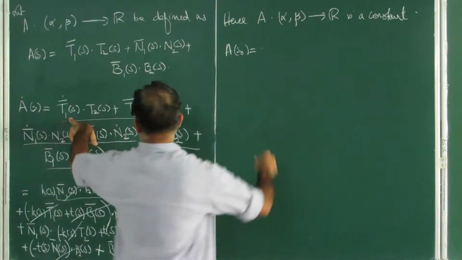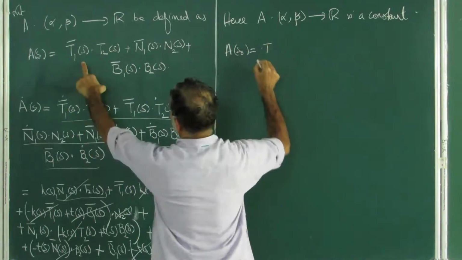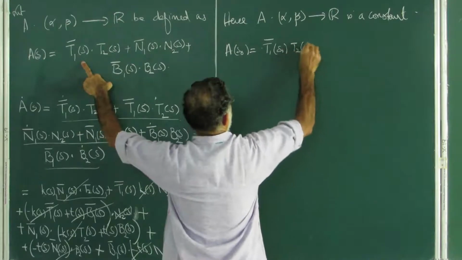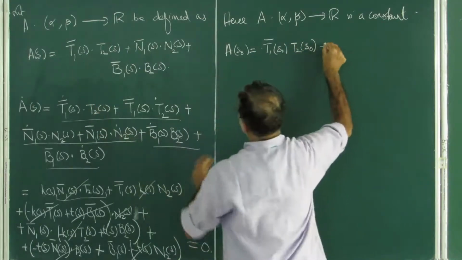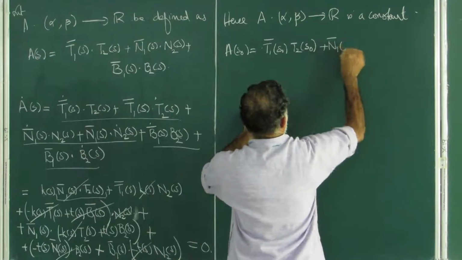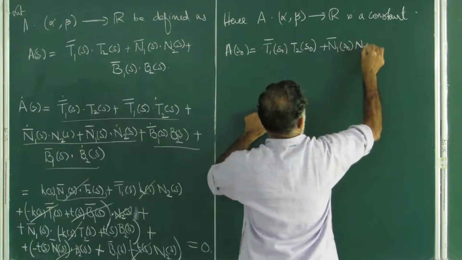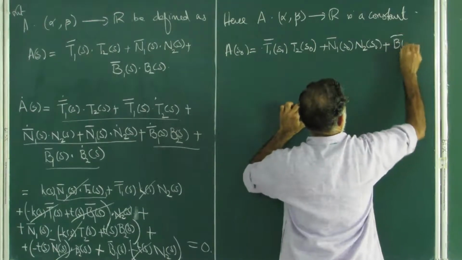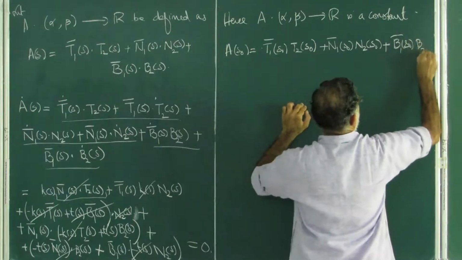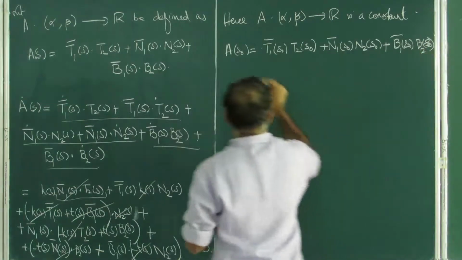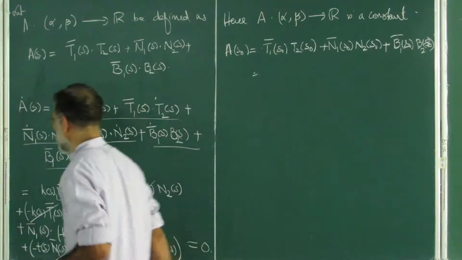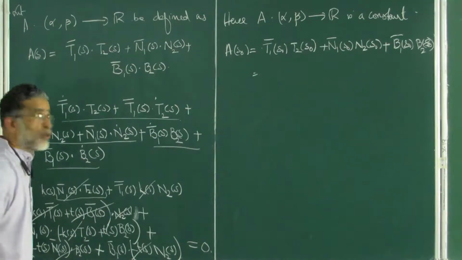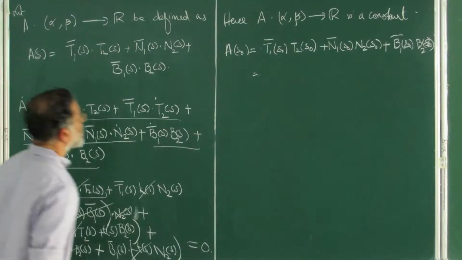So A S naught is T1 bar S naught T2 S naught plus N1 bar S naught N2 S naught plus B1 bar S naught B2 S naught. Just now we have earlier written T1 bar S naught is equal to T2 S naught, N1 bar S naught is equal to N2 S naught, and B1 bar S naught equal to B2 S naught.